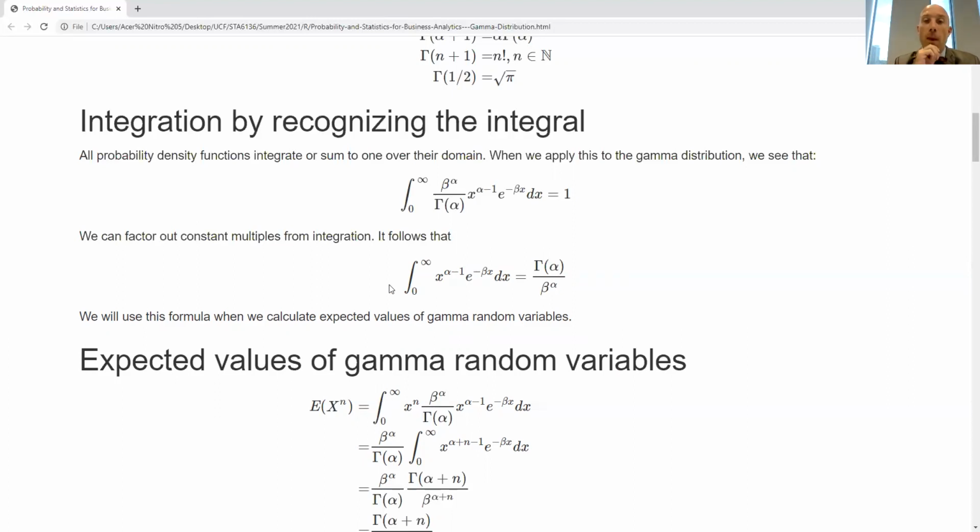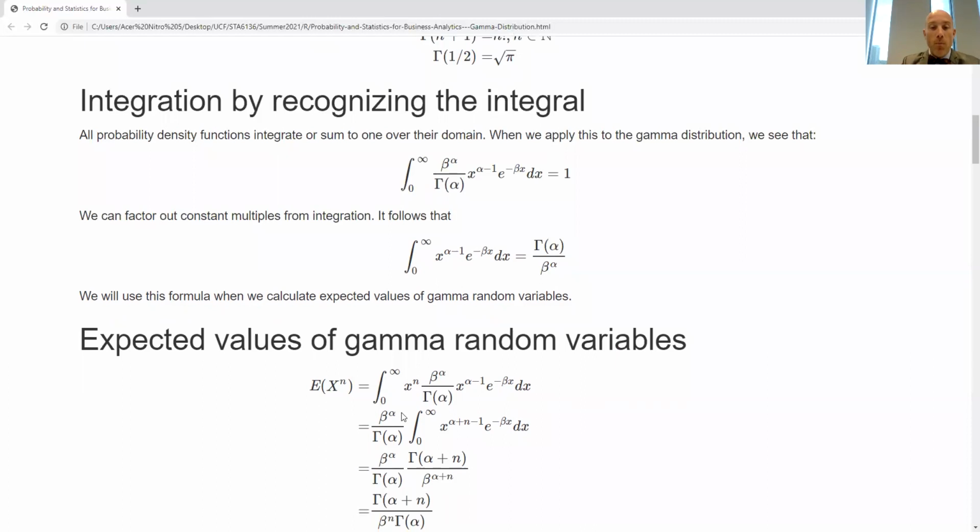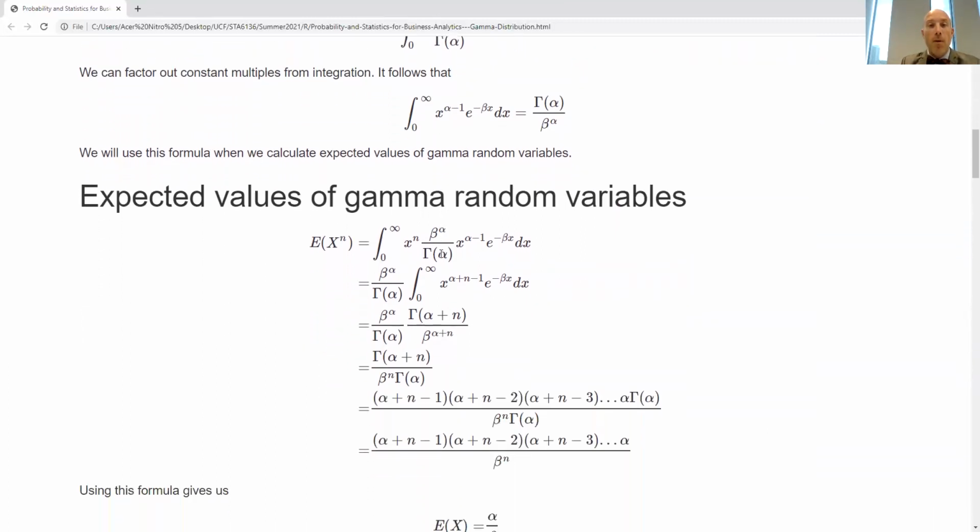All right, so now let's go ahead and start thinking about expected values of random variables. What we're going to do, we're going to use the special formula that we just established to figure out the expected value. Okay, so I want the expected value of x to the n. This could be x to any power, and for this one, n just has to be a positive number.